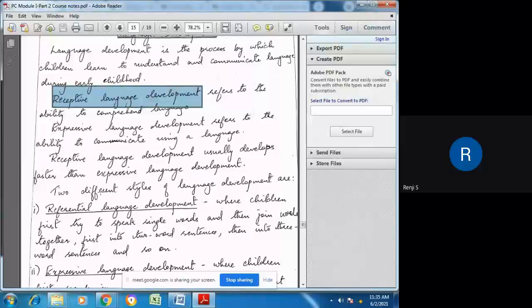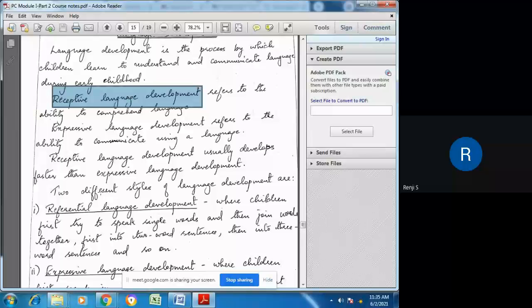Now, you might have seen children, they learn to understand us well, but they won't be able to communicate with us easily. But they understand what we are doing. They can understand very well the actions that we are doing, but they cannot interpret it in words because they don't know the appropriate words to be used.